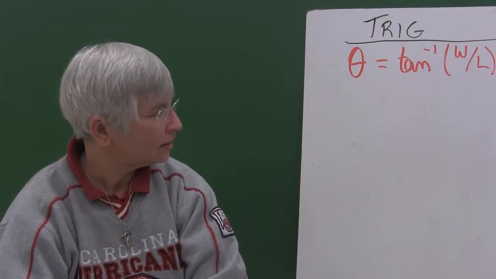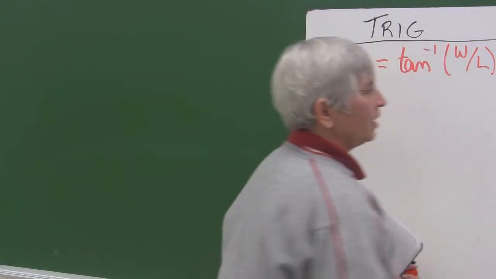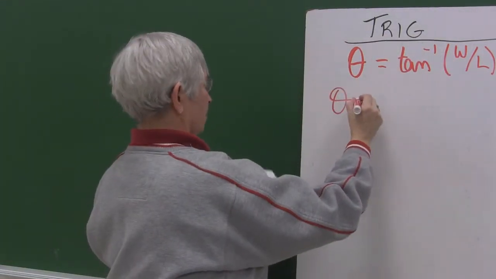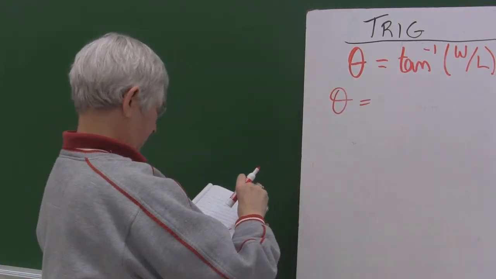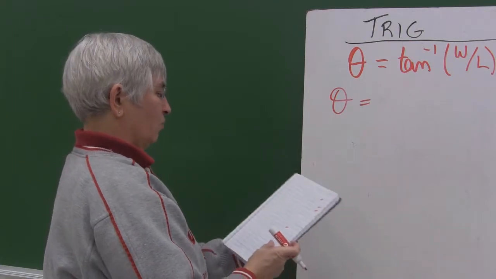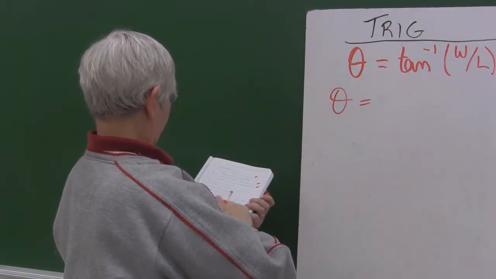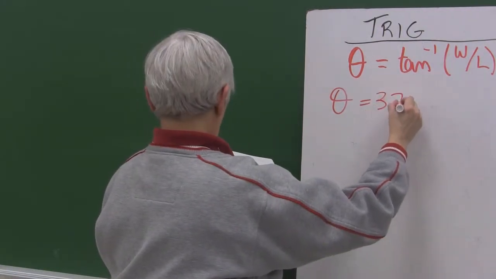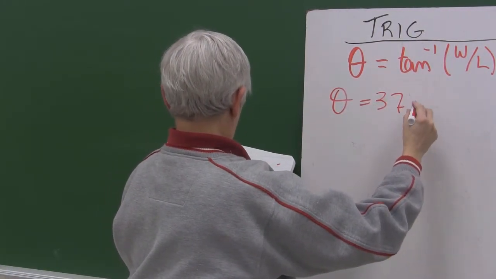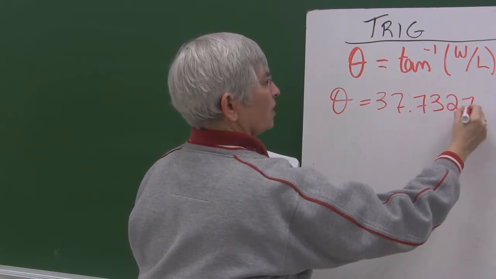So if I look at what theta would be by using 0.7738, and drum roll, please, it's 37.7327 degrees.